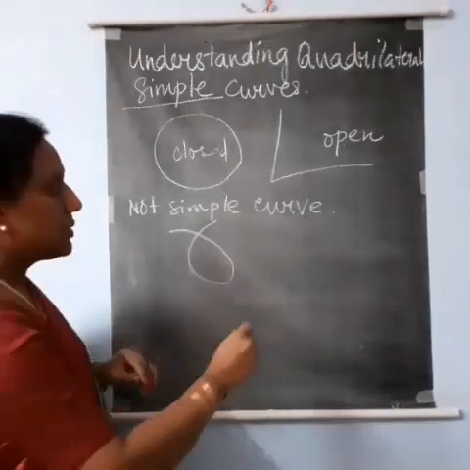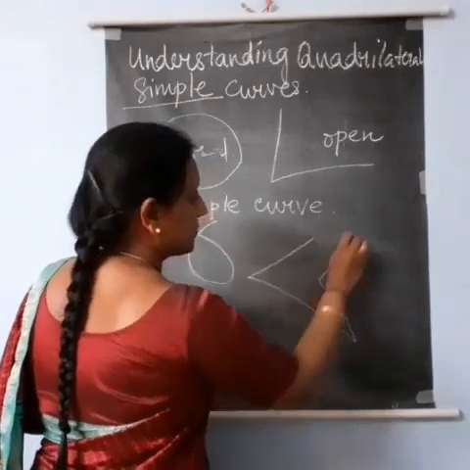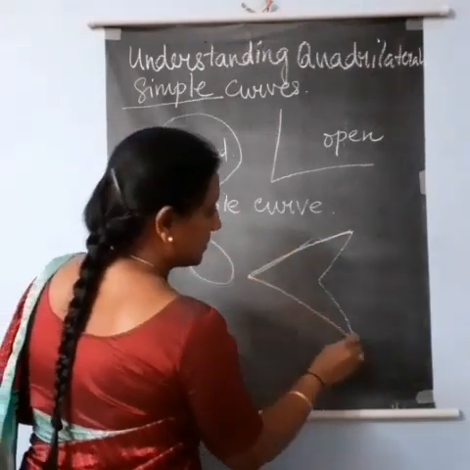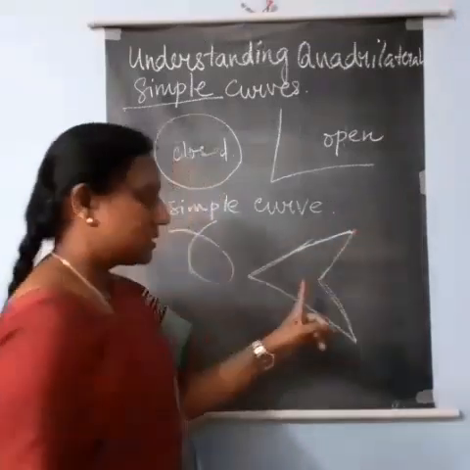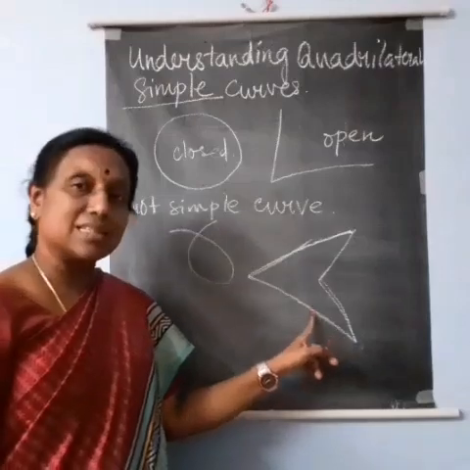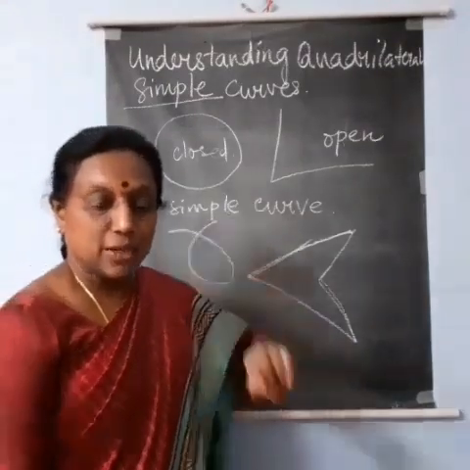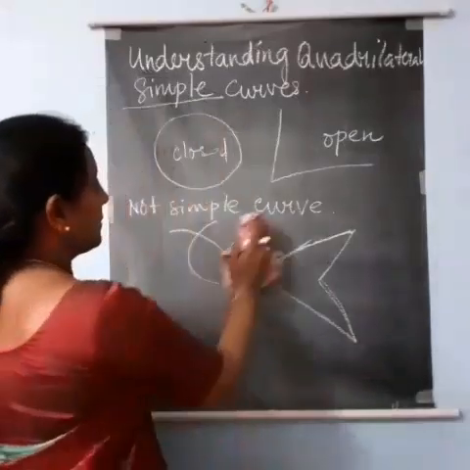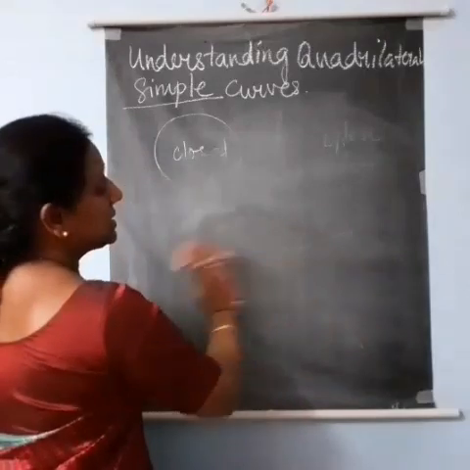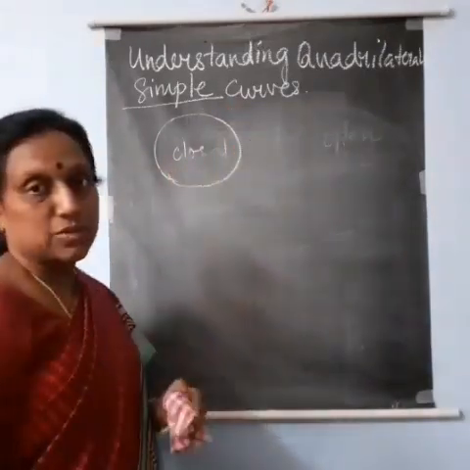Understand? Now supposing I have one like this. Now this is a simple curve, and since it is closed, it is a simple closed curve. Have you understood? Now this is a closed curve, a simple closed curve, right?